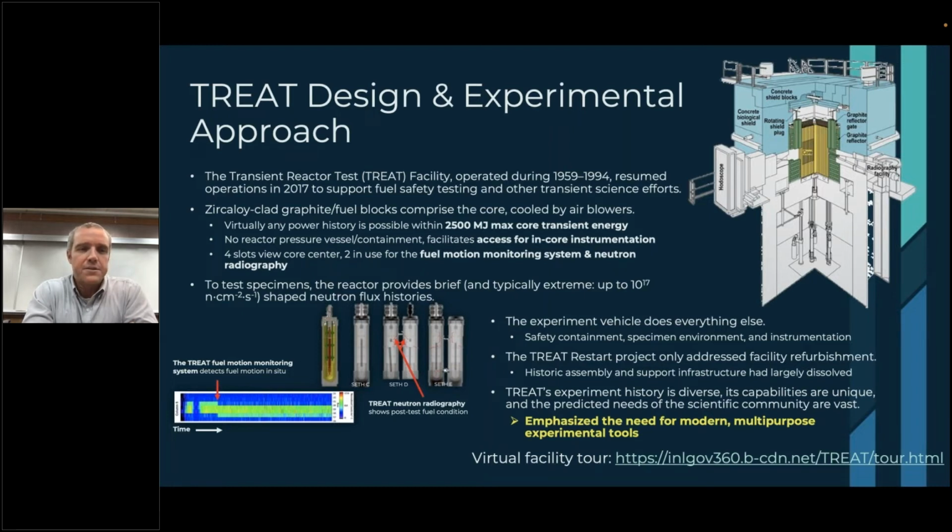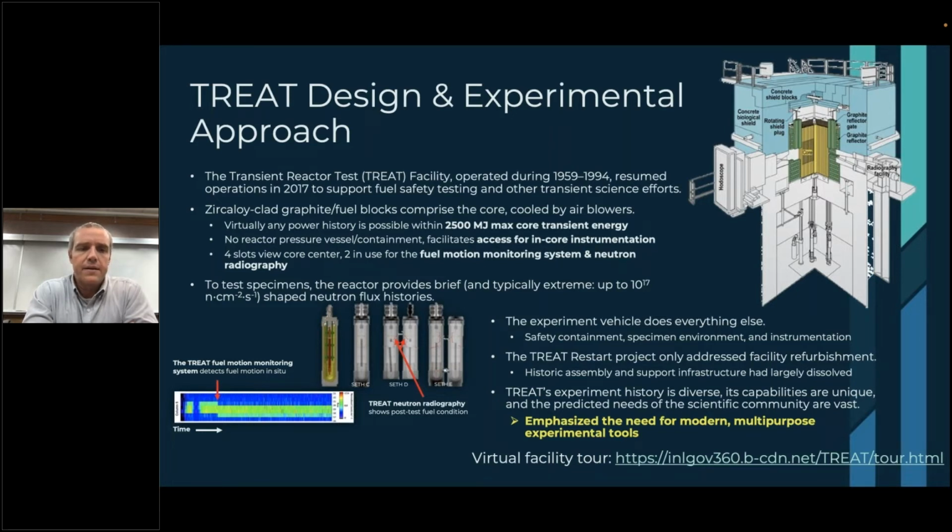Virtually any power history is possible in the TREAT facility. The main limit that you've got to deal with when you're thinking about how to use TREAT is you have 2,500 megajoules of max core energy to deliver, and you can deliver it in almost any shape, form, rate that you'd like.